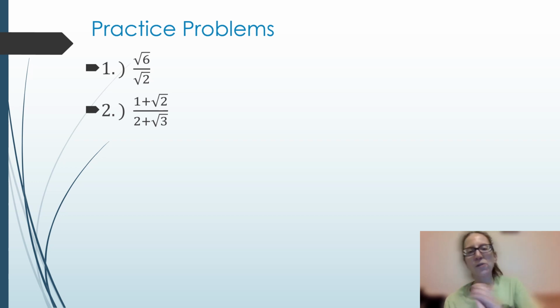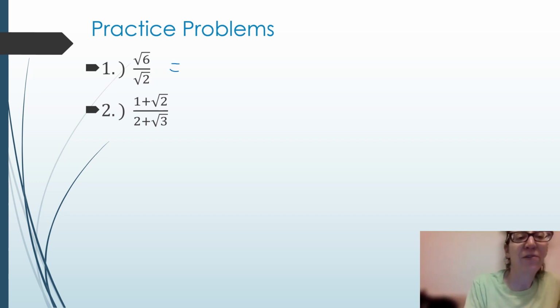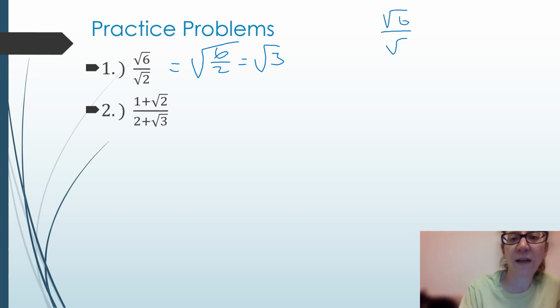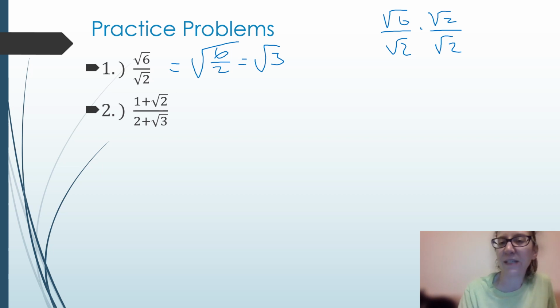Okay, hopefully the first one did not take you any time. So the first one, we'd have the square root of 6 over the square root of 2, and that would be the square root of 6 over 2, which is equal to the square root of 3. Now you could also do that this way, and I really don't know how Photomath would do it, but you could do what I said on the previous slide and multiply that ratio by the square root of 2 over the square root of 2.